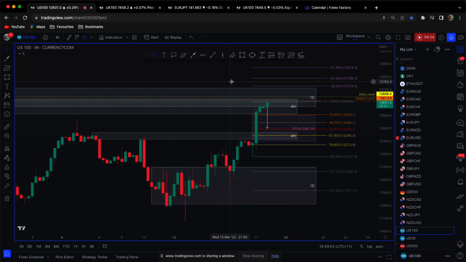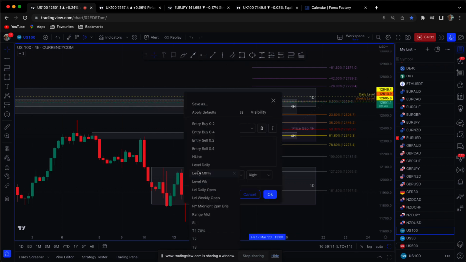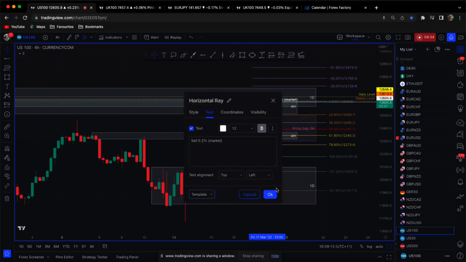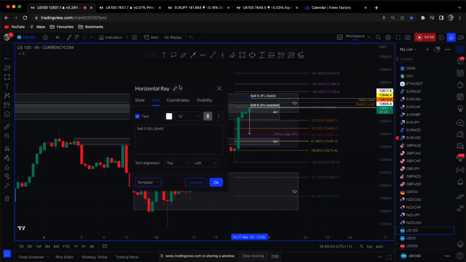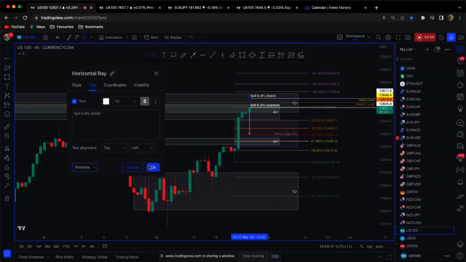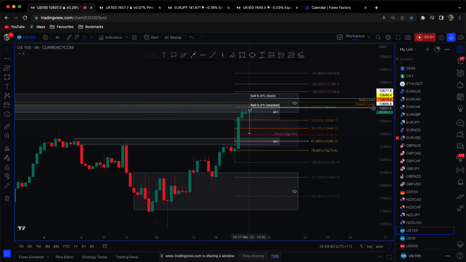So my entry is going to be a market entry here. I'll go in with 0.2 position size, and I'm going to set up a pending sell order up in here, and that one will generally be a little bit bigger, position size 0.4%. That's how I approach this.